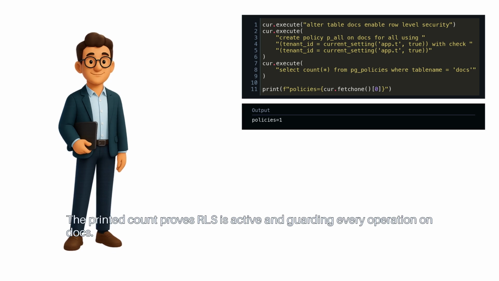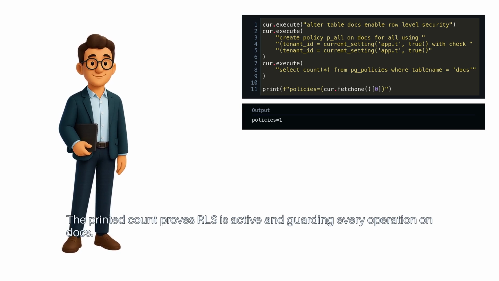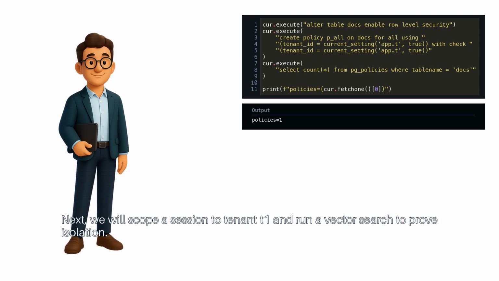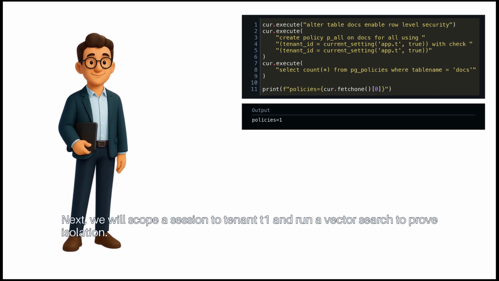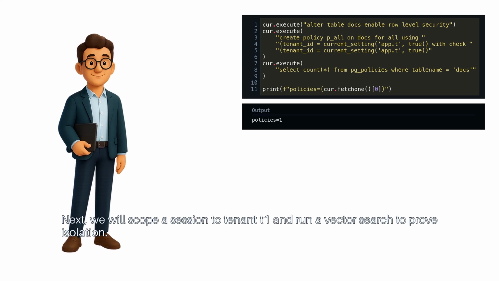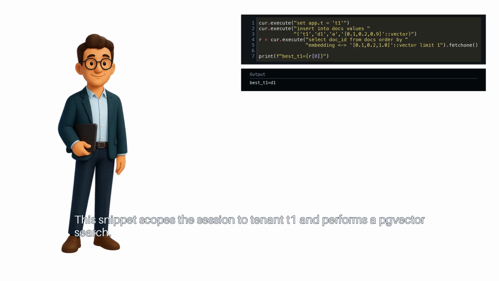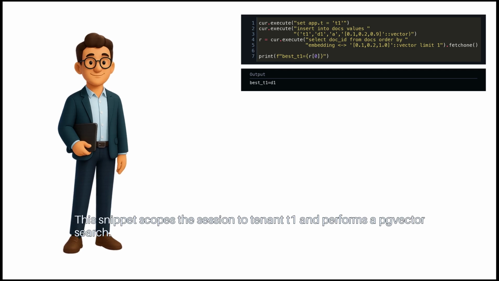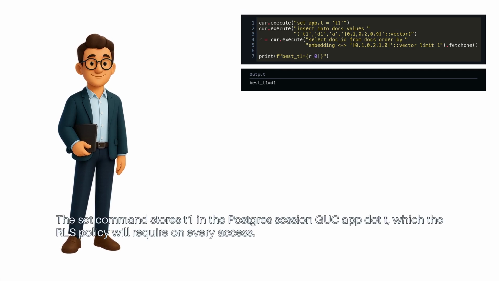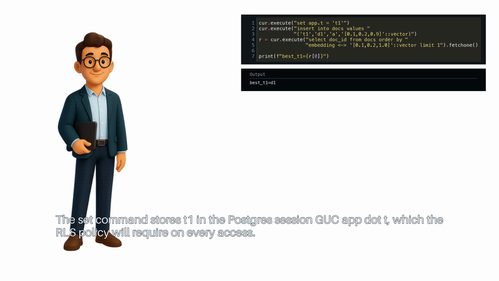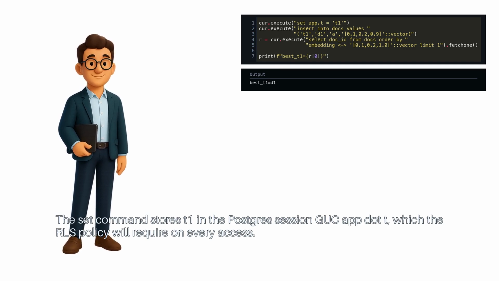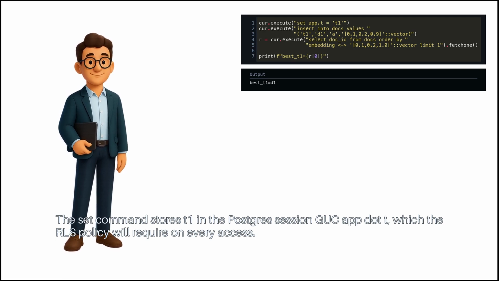Next, we will scope a session to tenant T1 and run a vector search to prove isolation. This snippet scopes the session to tenant T1 and performs a pgvector search. The set command stores T1 in the Postgres session GUC app.t, which the RLS policy will require on every access.